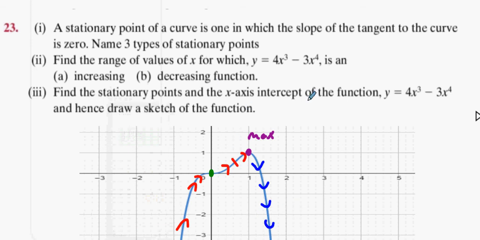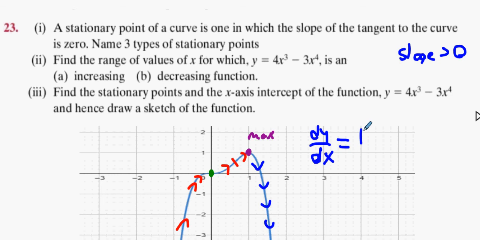Now, let's find when it's increasing. So you want to find when the slope is bigger than 0. How do you do that? First derivative. And what happens when you do the first derivative? 12x squared minus 12x cubed.